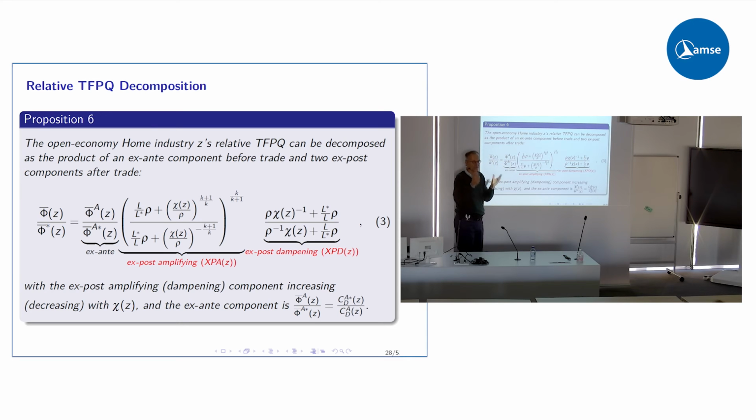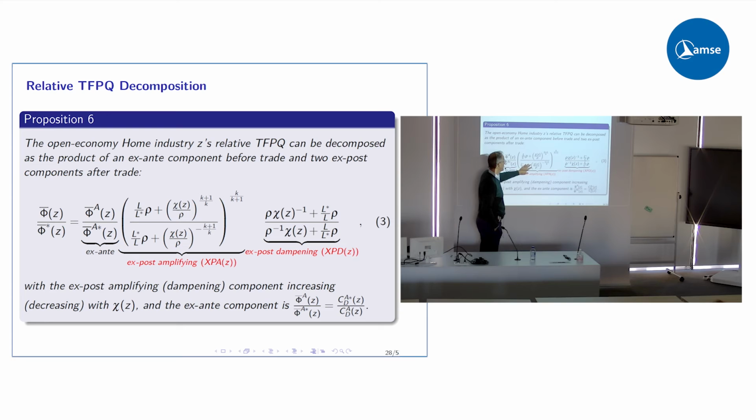This is just the inverse of the cutoffs in autarky, to some extent. Then you have two components: an ex-post amplifying component, ex-post meaning after trade, and a dampening part. You cannot tell in general which one dominates, so this has to be asked to the data.